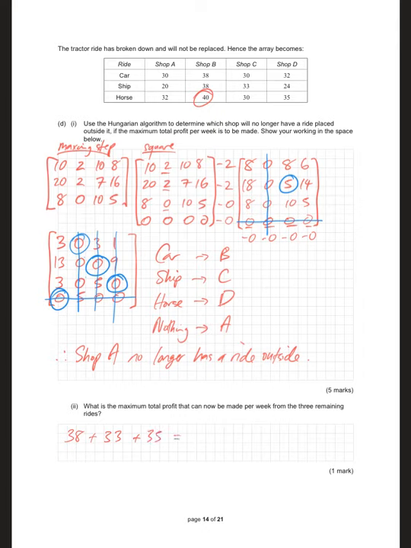And you're not going to get profit from no ride out the shop A. So 38 plus 33 plus 35, 106. So $106 max profit per week. That's that page done.